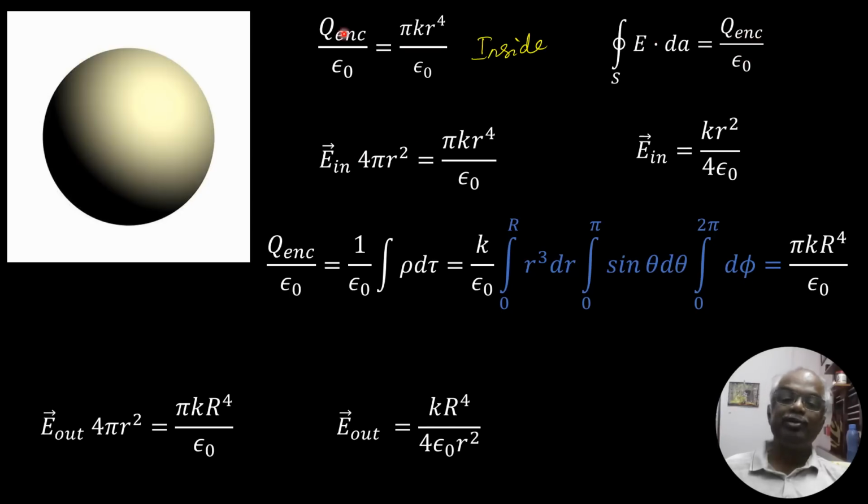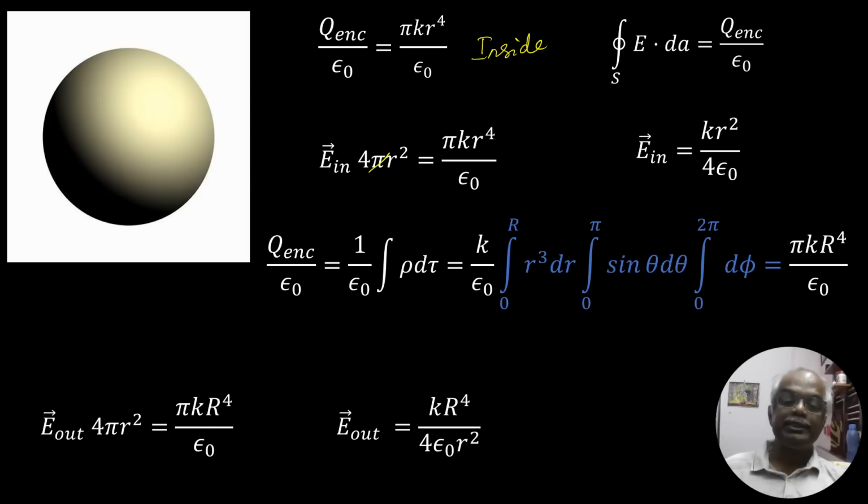We have calculated the right hand side as pi k r to the power 4 over epsilon naught, and you take the left hand side, where the area enclosed is 4 pi r squared. So E times 4 pi r squared is equal to pi k r to the power 4 over epsilon naught. Here you can cancel some of the things.